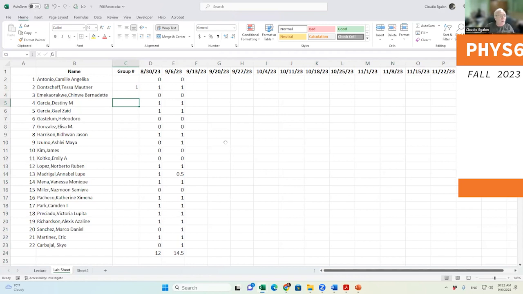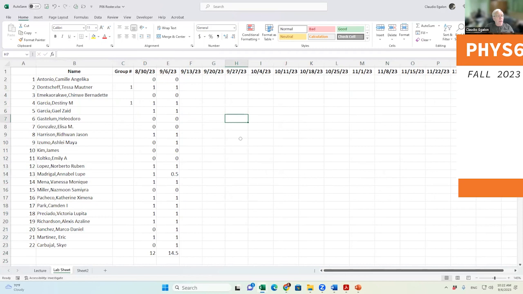No, it doesn't matter? Okay, so I will assign you to Tessa's group. Is that okay? Okay. So go ahead, Tessa and Destiny, exchange your contact information so you can contact each other. Okay. I like to put 3 students in each group, at most 4.